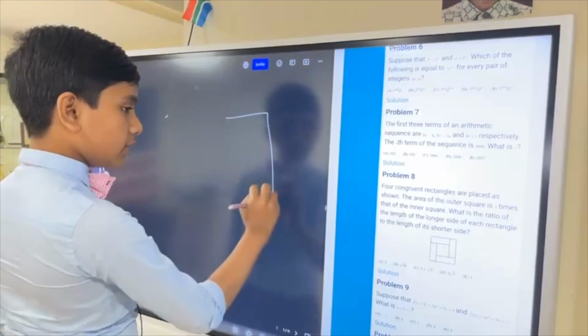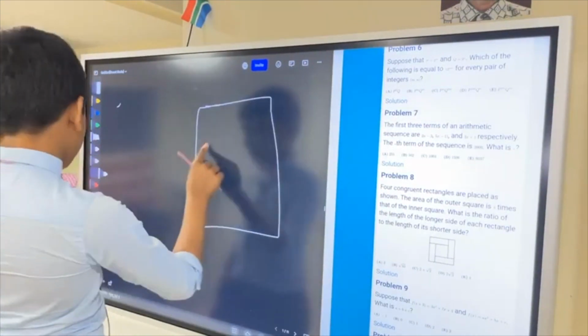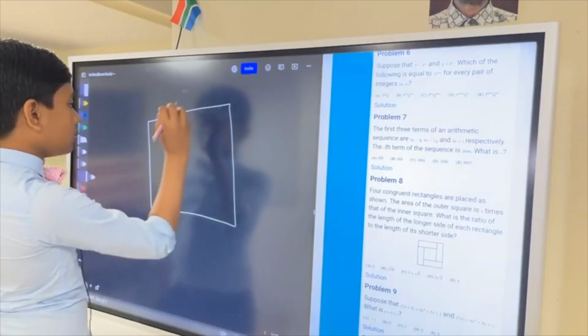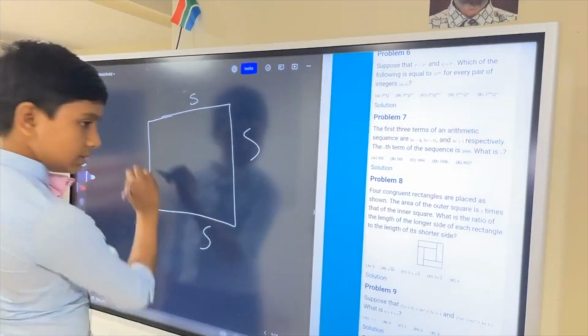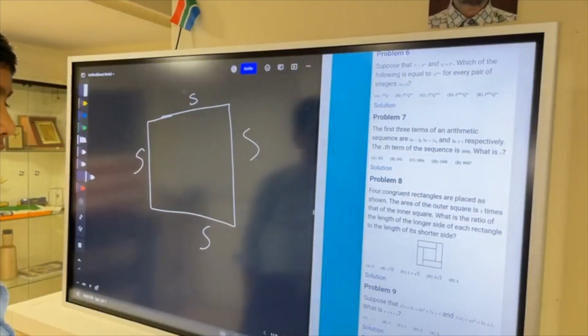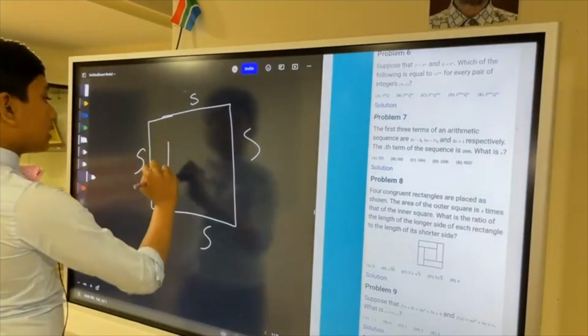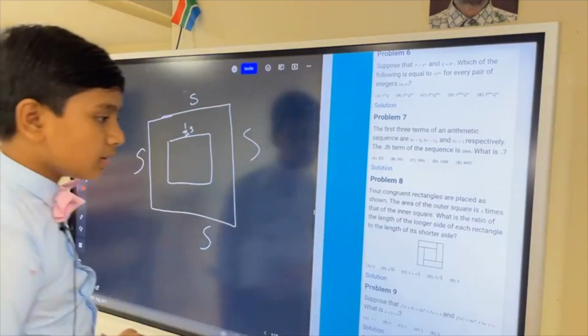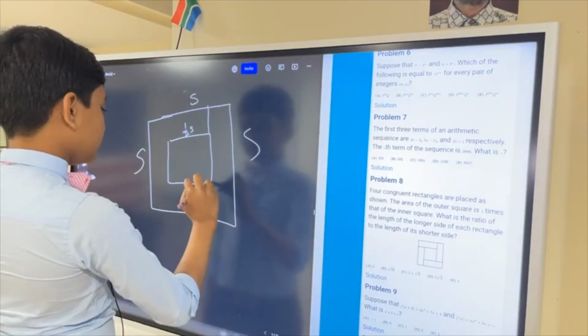So the area of the outer square, so let's say the side is S, is 4 times that of the inner square. So that means that the side length of the inner square has got to be half S, right? And then we've got these fellows.